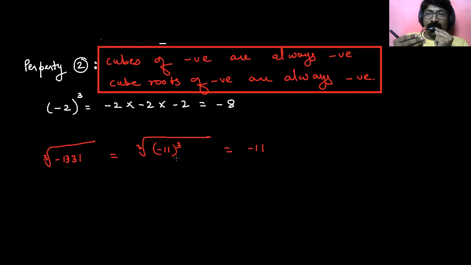That means whenever there is an even number of negatives in the product, it is positive. If there is an odd number, it is always negative. That's the basic rule of integers, guys. I hope you understood property number 2. You can pause the video and copy it down till here perfectly, immediately.